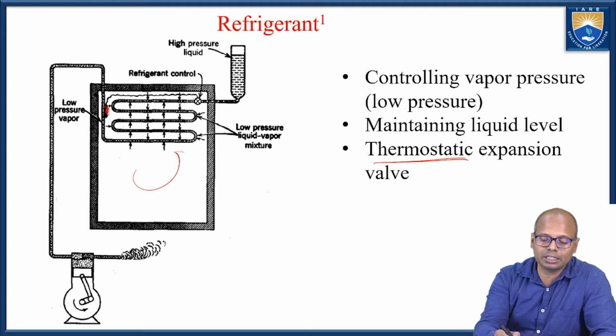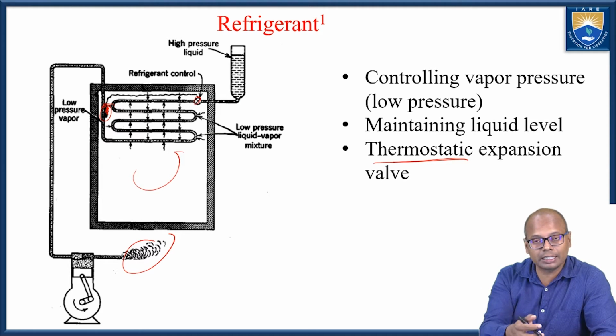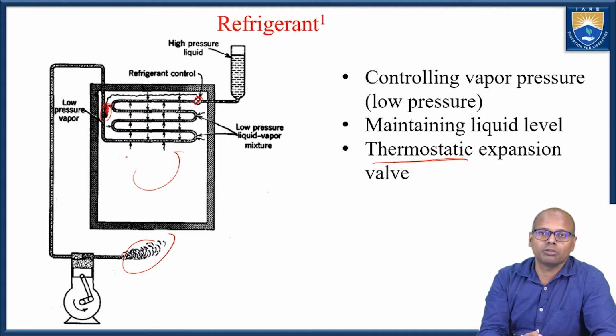When the temperature is sensed, that means vapor has started forming and is being sucked out, so automatically this valve will be opened. So this is a thermostatic valve. As the temperature reaches the vapor pressure and the vapor is getting sucked out, at that time only the valve will be opened and the fluid is continuously supplied through this pipe.